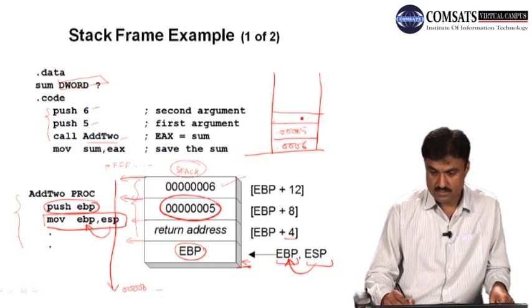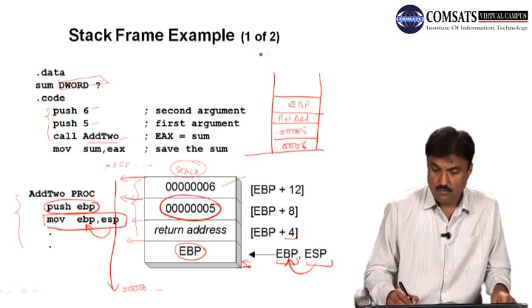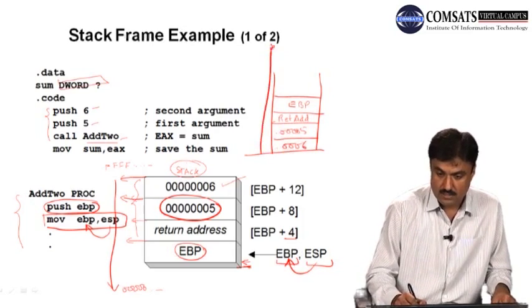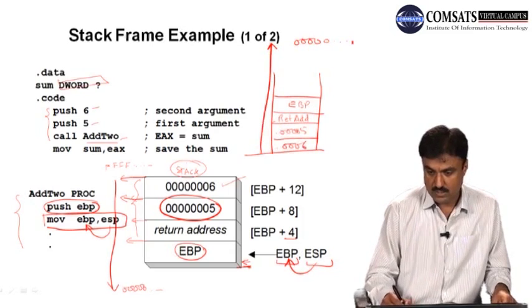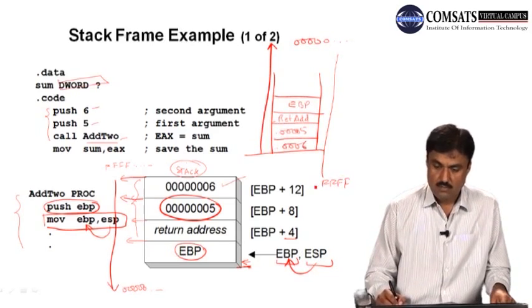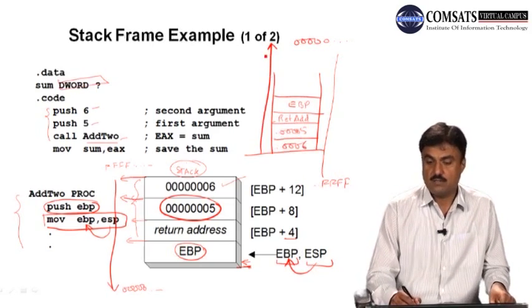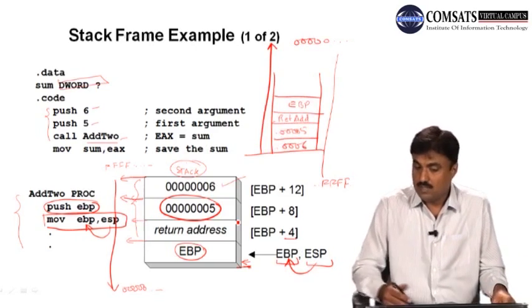Then we have the return address. Then the EBP value has been stored, and so on. So our stack grows in this direction, and addresses are increasing in the reverse direction, as we have discussed in our previous lectures. So this is the growing direction of the stack. Both are similar. There is no difference.